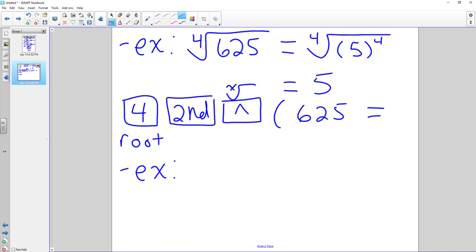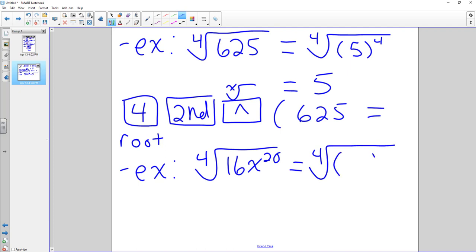How about the 4th root of 16x to the 20th? I'm trying to figure out what to the 4th power gets me 16x to the 20th. The coefficient part is going to be 2. 2 times 2 is 4 times 2 is 8 times 2 is 16.